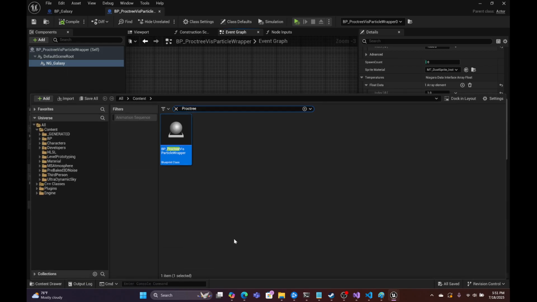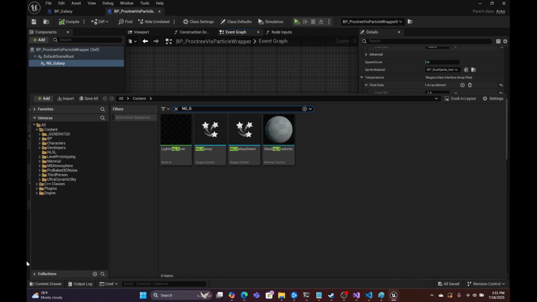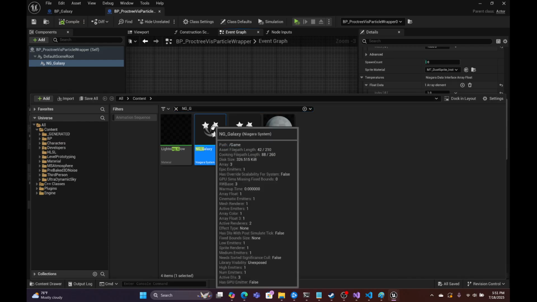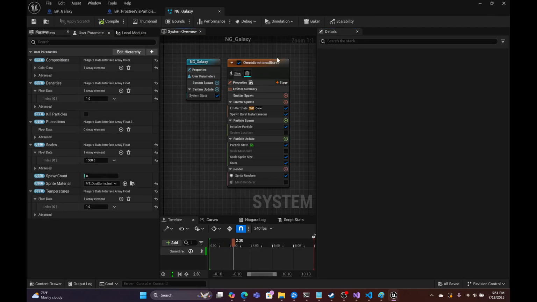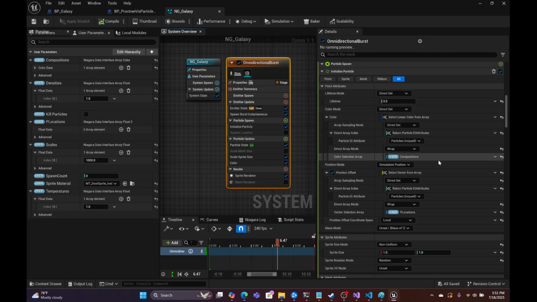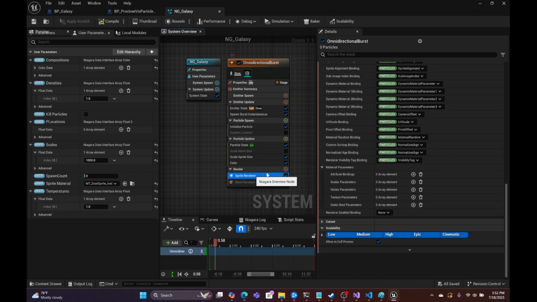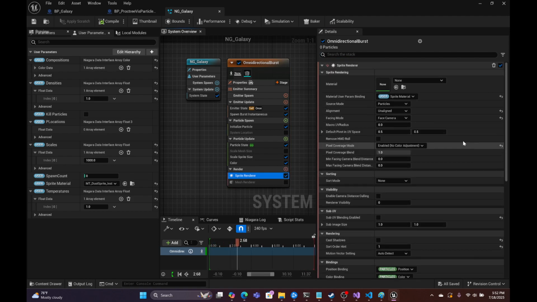NG Galaxy. Here it is. Okay, this is what I was looking for. And then in here, renderer. Sprite material.